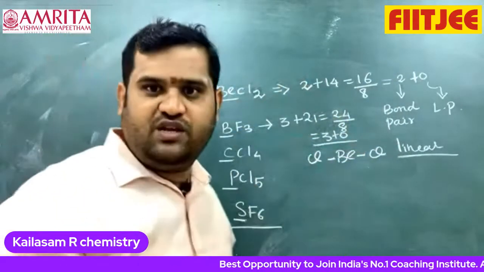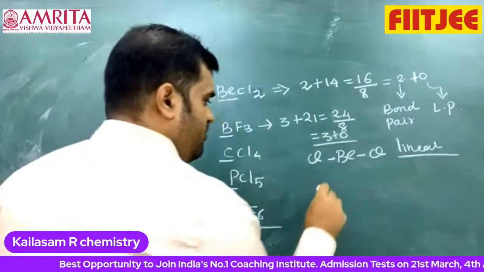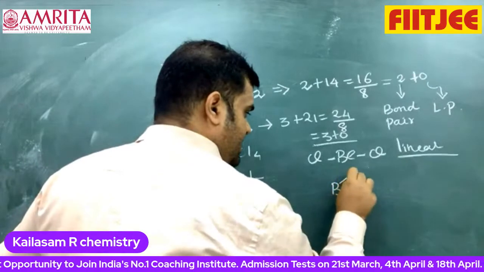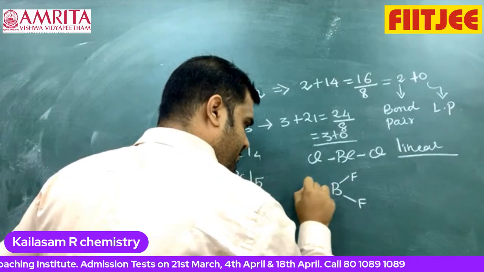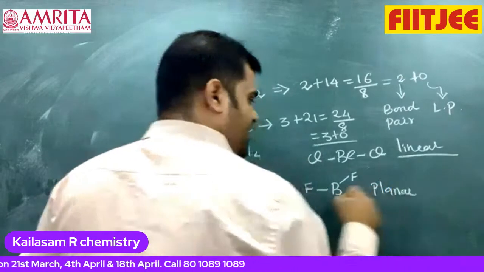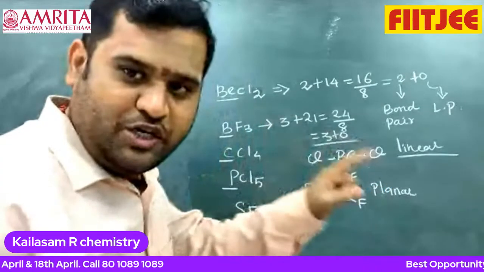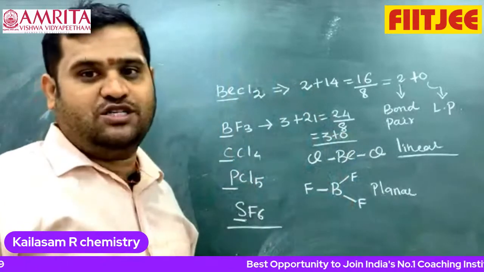That means in BF3, there are 3 bond pairs and 0 lone pairs. Therefore, we can write it as B with three F. Therefore, this is planar, and the bond angle is 120.